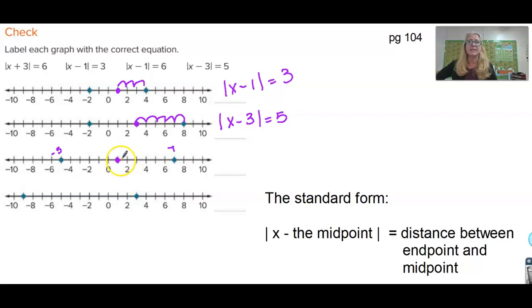I'm looking for x minus 1. I see 2 of those. Now, I've already used this one, so it's got to be this one. My next step would be to say, okay, how many spaces is it from the midpoint to this one here? 1, 2, 3, 4, 5, 6. So this number has to be 6, and this number has to be 1. So my equation for this one is x minus 1 equals 6.